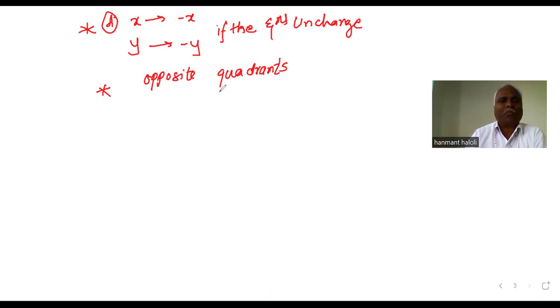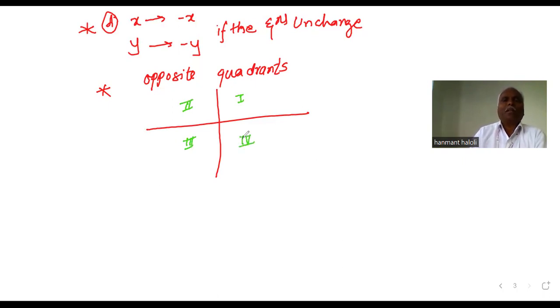Now suppose this is your x axis and y axis. We always say this is the first quadrant, this is the second quadrant, this is the third, and this is the fourth quadrant. Symmetry about the opposite quadrant: suppose a curve is here like this, its reflection comes in the opposite quadrant like this.